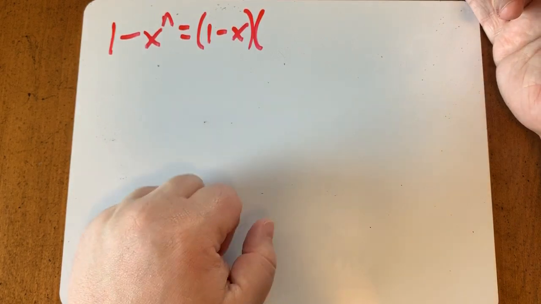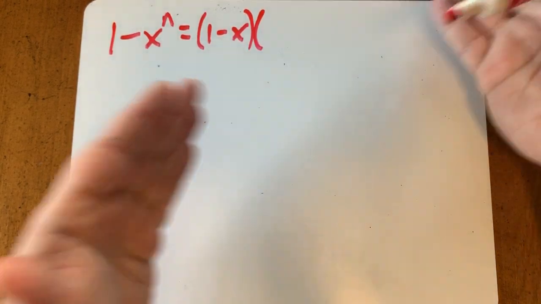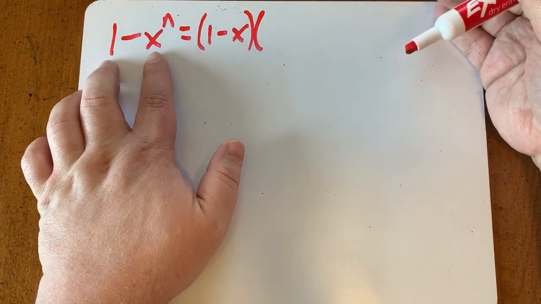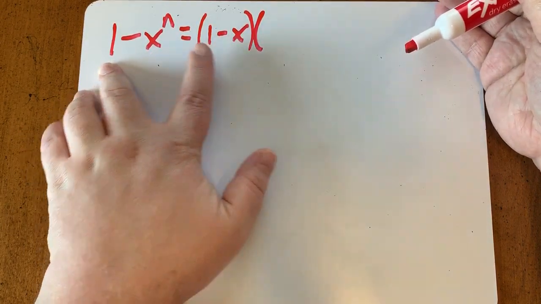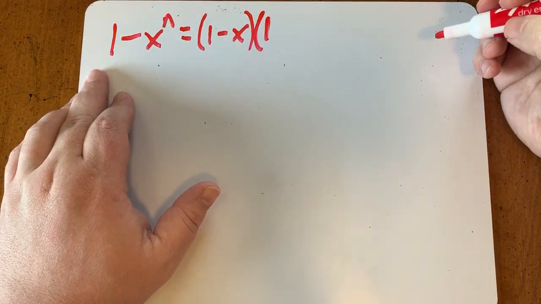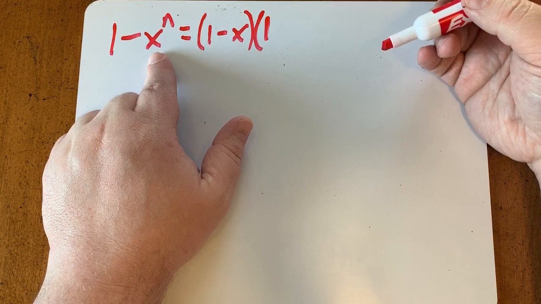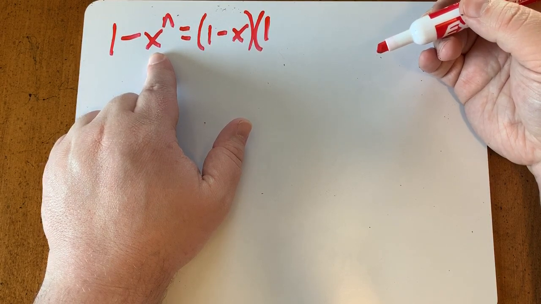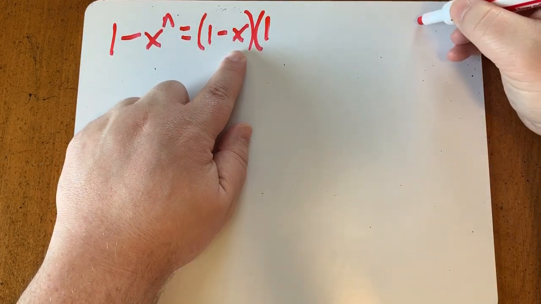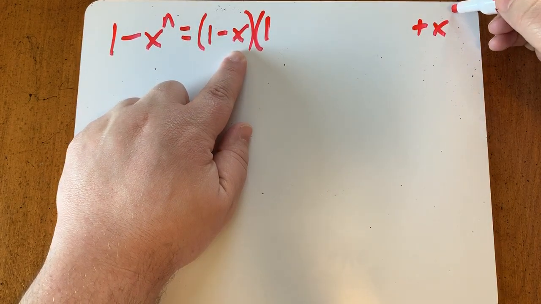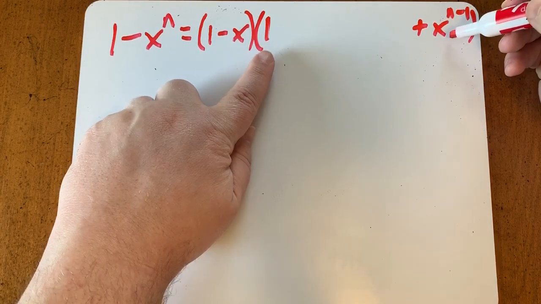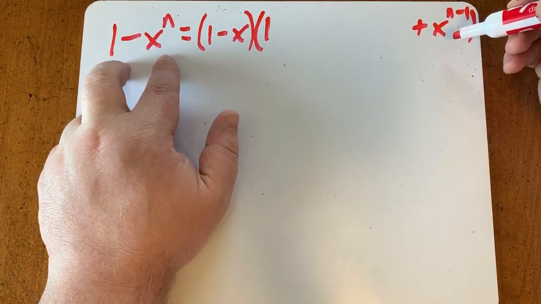And the other factor, we want it so everything, when we distribute through, subtracts off to 0, except for these two. So if we have a 1 here and we want to make a 1 there, we'll need another 1. If we have a negative x to the n, and we have a negative x, we need a positive x to the n minus 1. So these two outer terms will produce that.